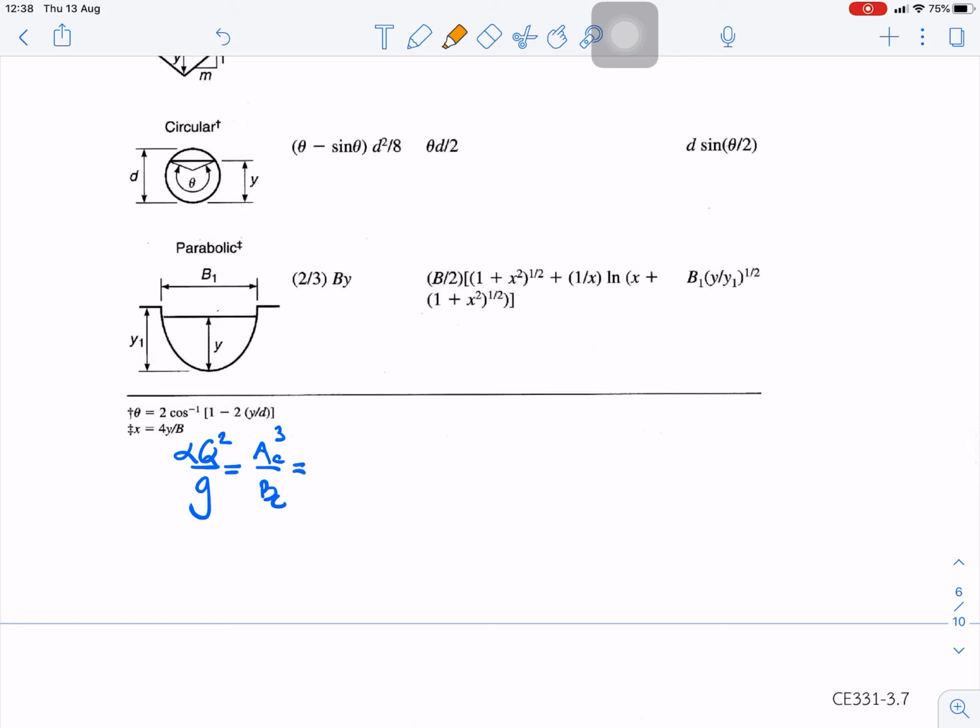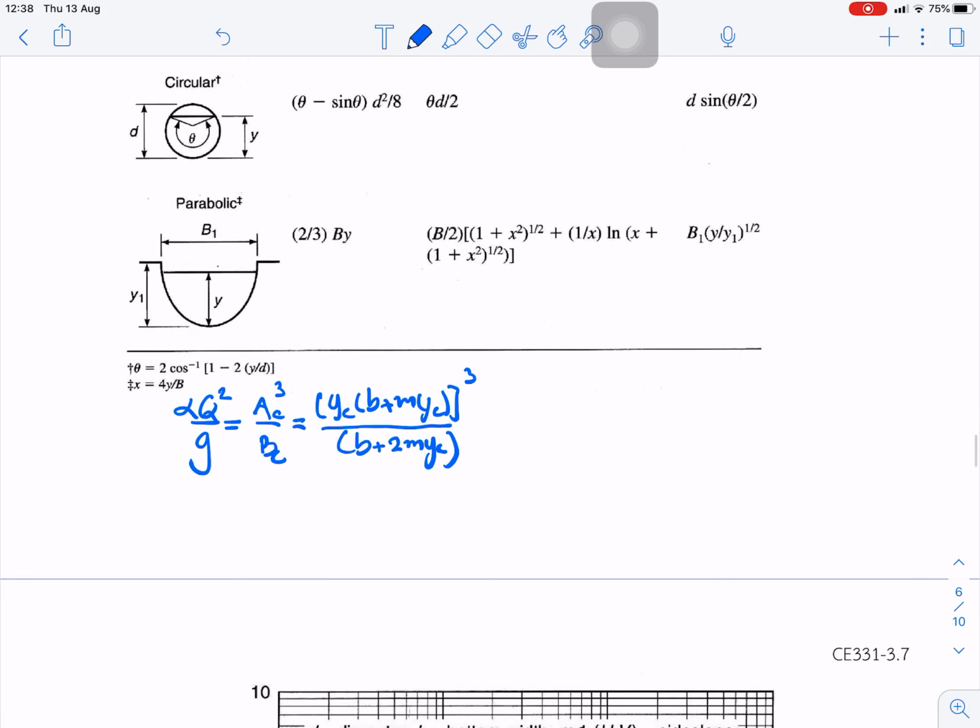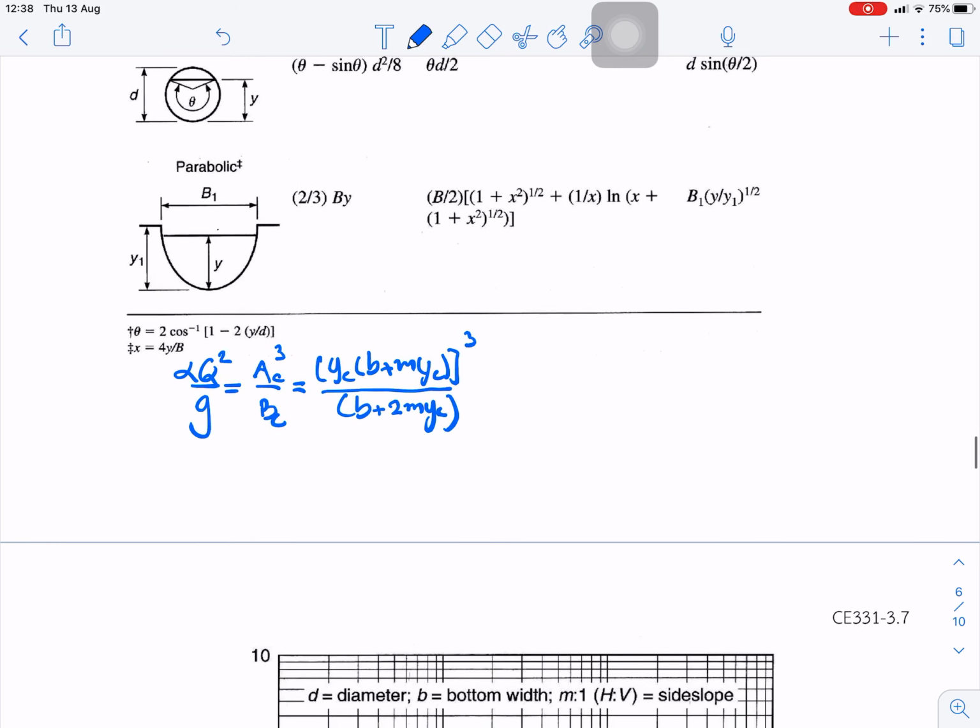So we can write that the area is equal to yc. That is one way: we can solve this equation to find the yc.